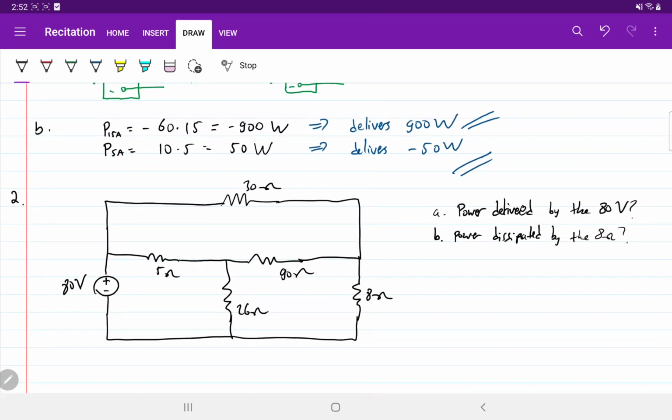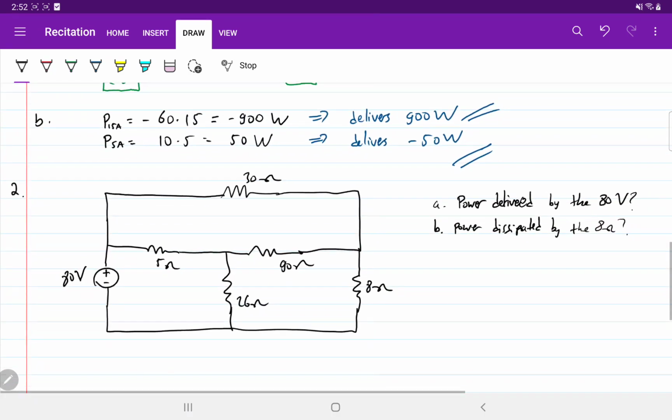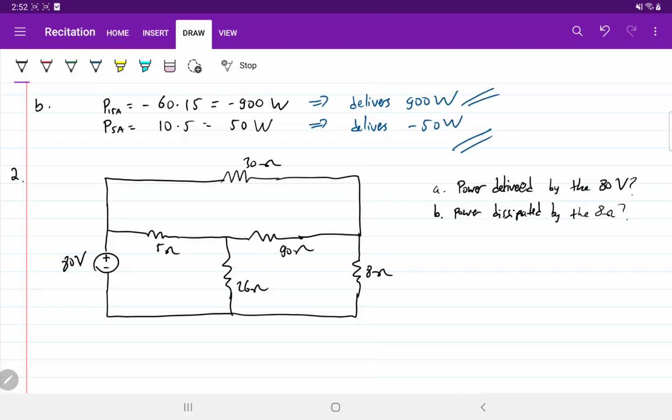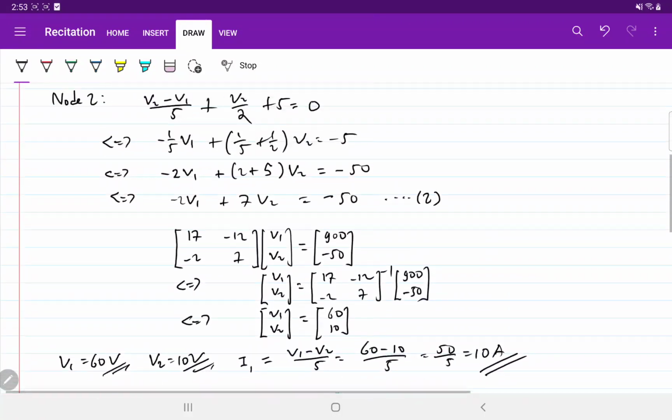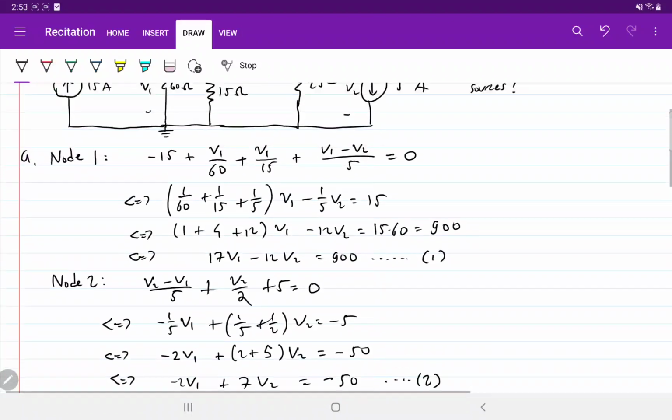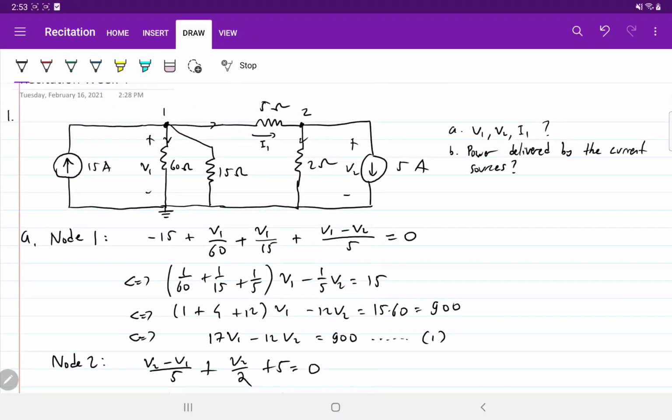and for this particular problem, it is specified that we should use the mesh current technique. Okay, so that we can learn how to use different techniques to solve circuits. So in the first problem we use the node voltage technique.